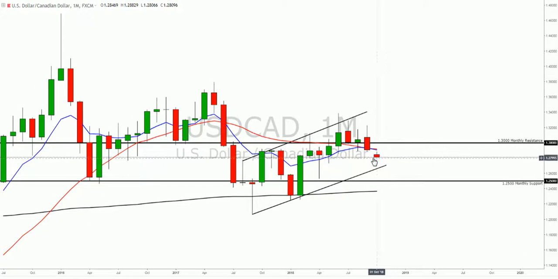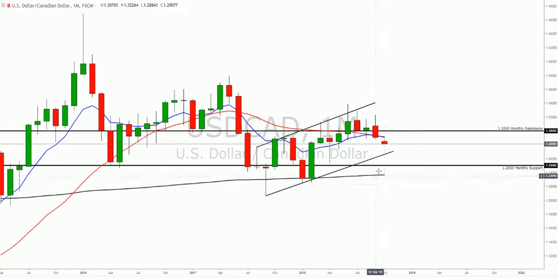It has already started to move this month, and the next support would be this channel support. However, we could be looking at all the way down to 1.25 monthly support, and as you can see, the 200 EMA is just approaching that level, so we could be spiking anywhere to this region over the next month or so.